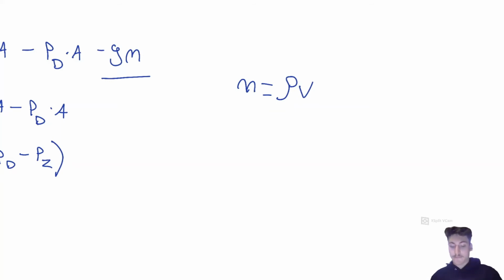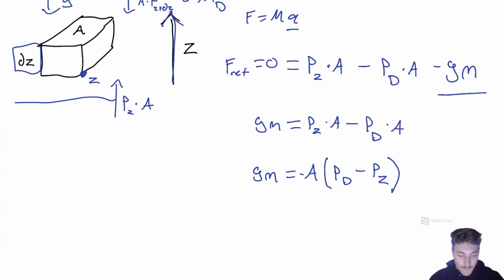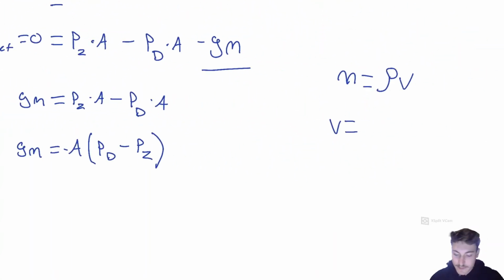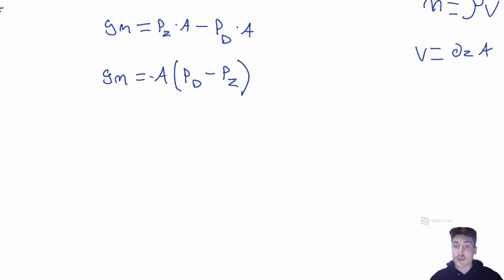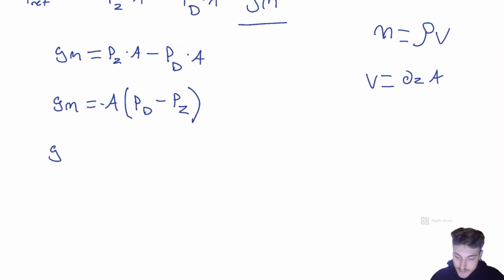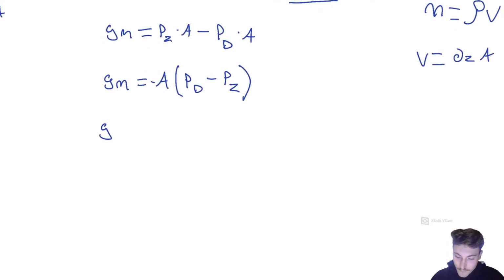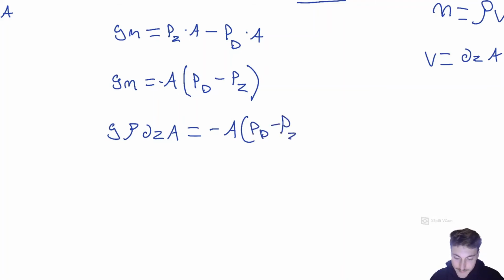And the volume is just this dz right here times the area, so the volume is dz times A. Plugging that back into the equation, gravity times the density times dz times A is equal to negative A times (Pd minus Pz).